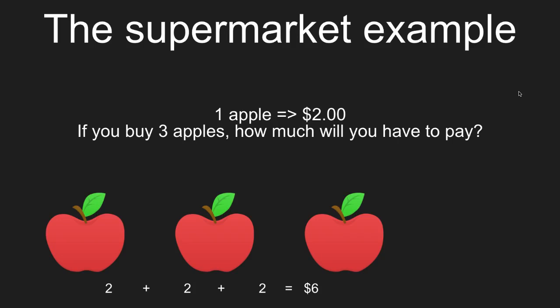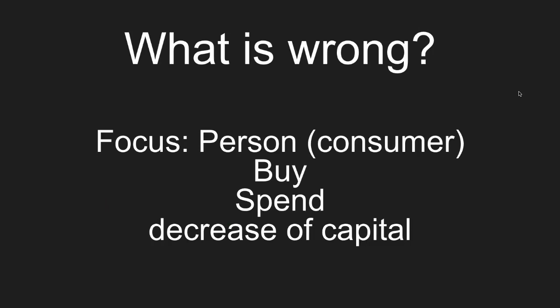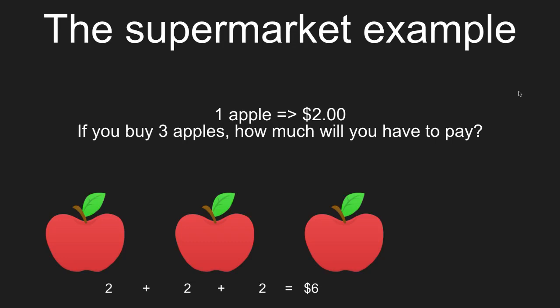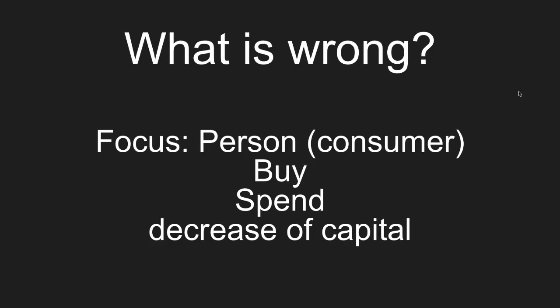But there is a huge problem. What is wrong with this class is that if you think about it, you will see that there are words here, for example, how much you have to pay, or if you buy, okay? So the focus is the person as a consumer, okay?